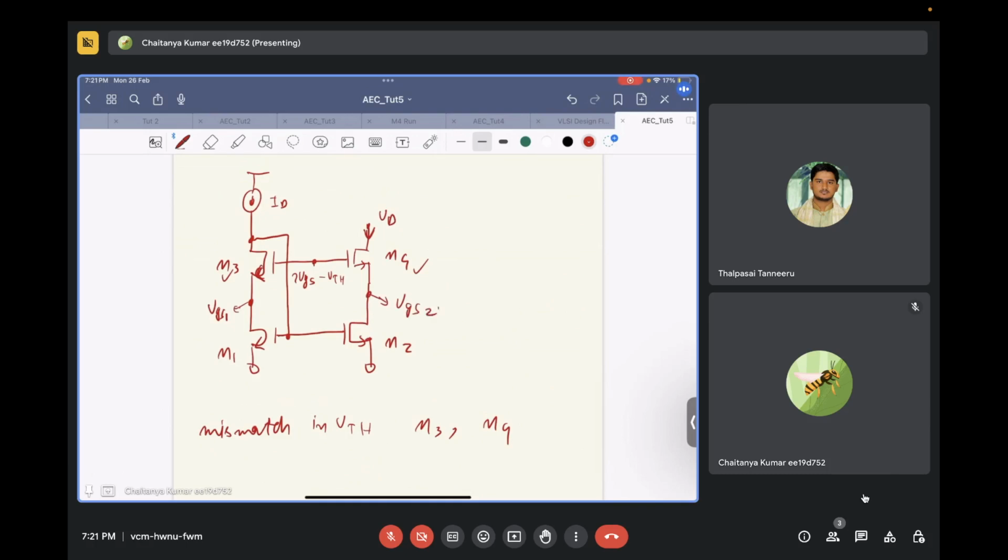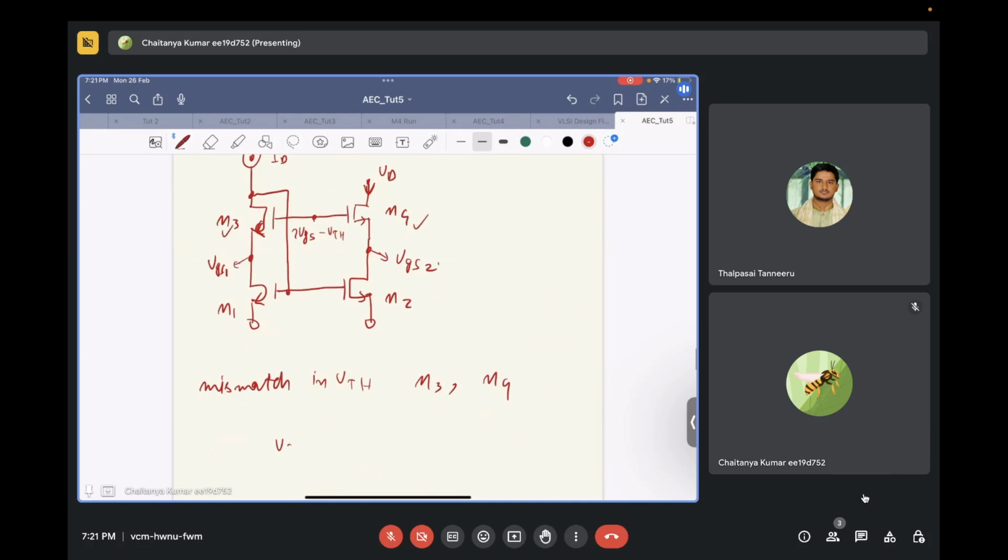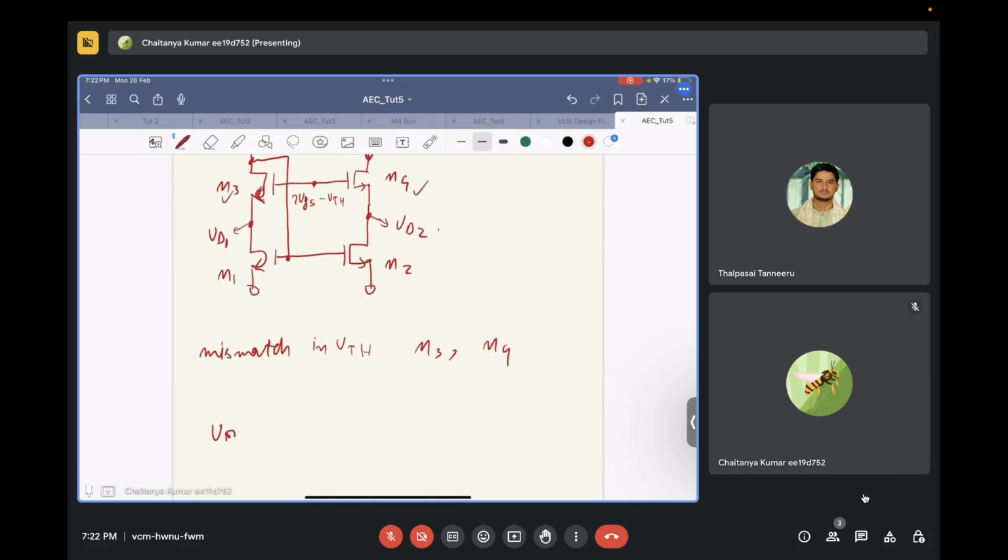What will be the difference between VGS1 and VGS2? Not VGS1, let's call them VD1 and VD2. What is VD1?